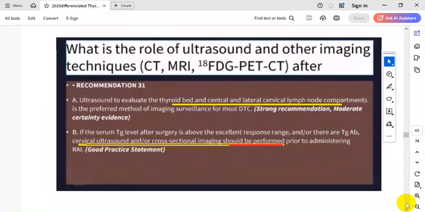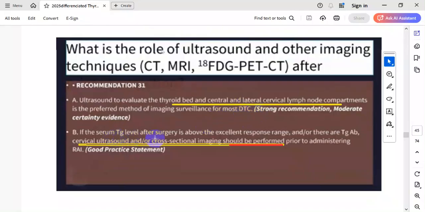What is the role of ultrasound and other imaging techniques? Ultrasound for the evaluation of the thyroid bed and central and lateral cervical lymph node compartments is the preferred method of imaging surveillance for most differentiated cancers.